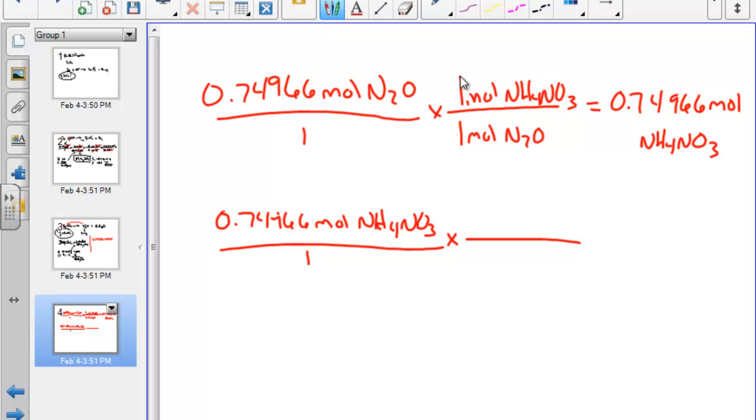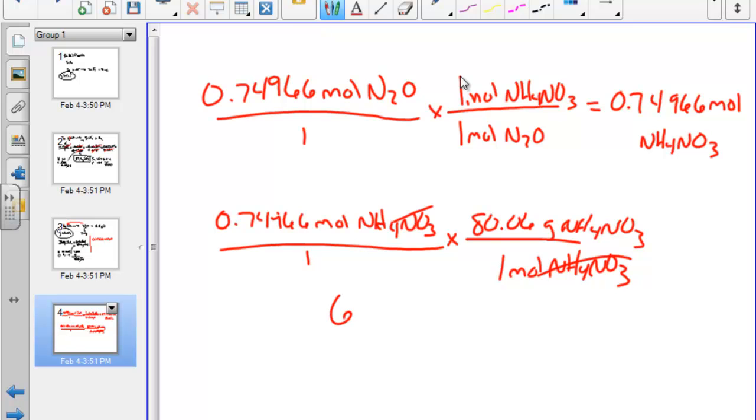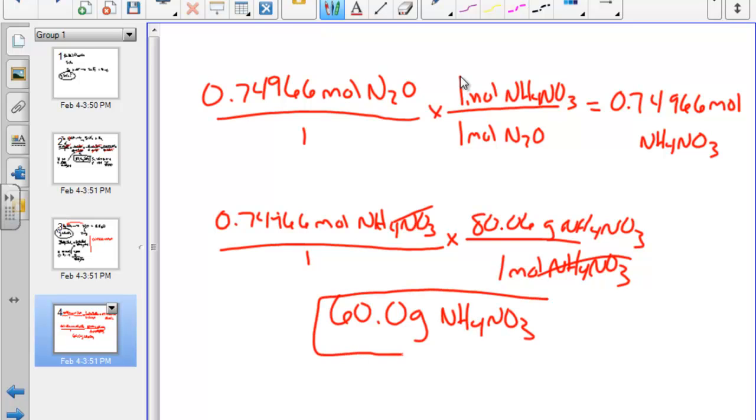Well, N times 2 and H times 4 and O times 3 gives me a grand total of 80.06 grams of NH4NO3 for every 1 mole NH4NO3. And the units do appropriately cancel. When I do that math, I get a grand total, with 3 significant figures, of 60.0 grams of ammonium nitrate would be required to start the decomposition.